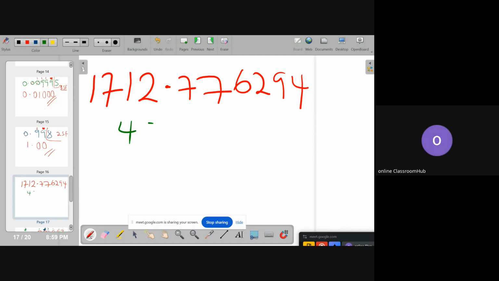We want 4 SF. 1712.776294. You are correcting to 4 SF.